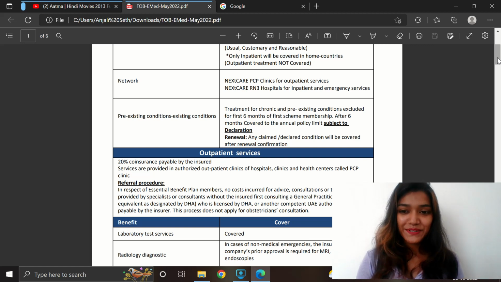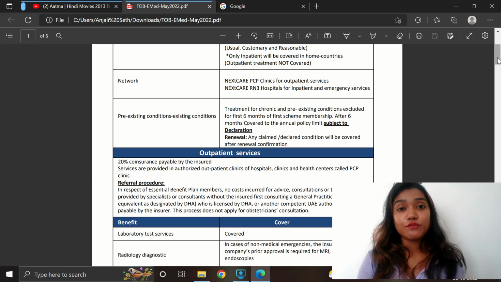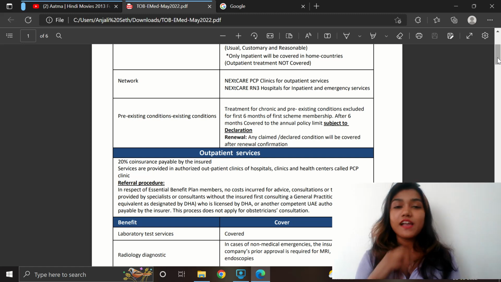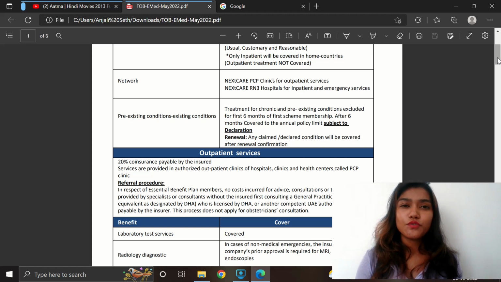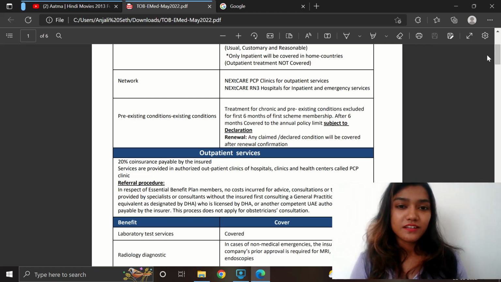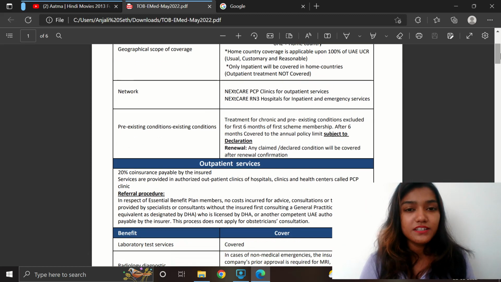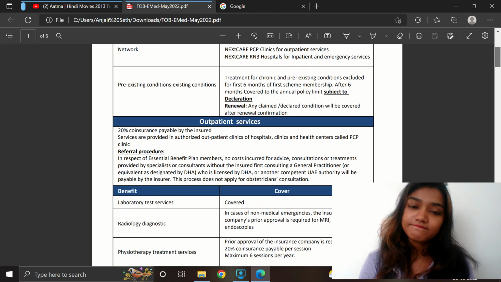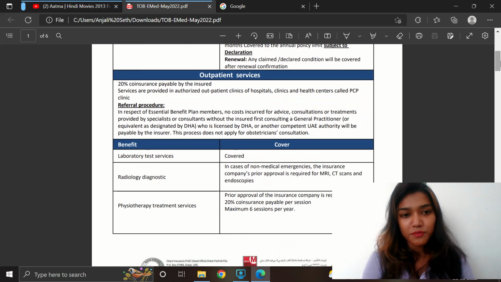That means if you take the insurance, any such problem will be covered after 6 months, and then you can renew it. While renewing in the next year, you won't have to wait for another 6 months. That will be already covered from the start. See, this is really easy, but this is basic. So obviously you're not going to get total benefit, but yeah, most of the benefit, and better than other companies.